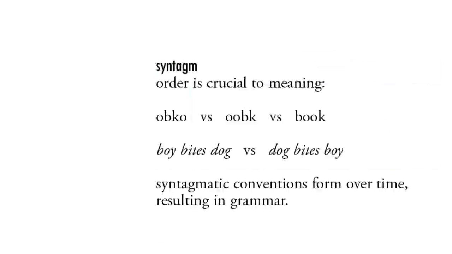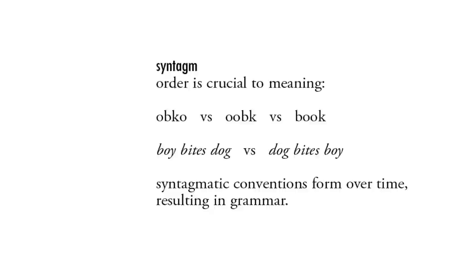If you think about syntax and creating a syntagm at these various levels, you can see by these examples, letter forms, how order is crucial to meaning. So the idea of book being ordered different ways until it actually makes sense as B-O-O-K, reading left to right. Or even at the sentence level, boy bites dog versus dog bites boy. Of course, that changes the meaning considerably.